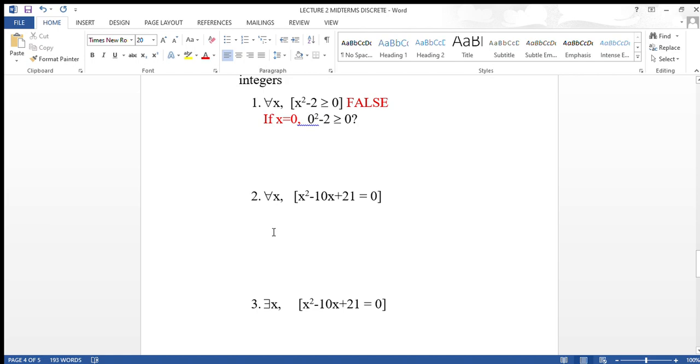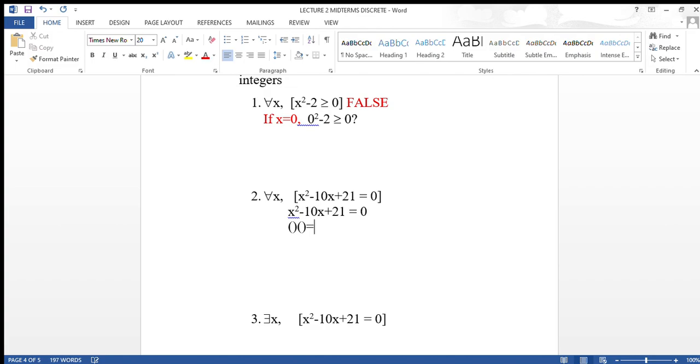For all x, again, for all integers. This set of integers must satisfy x squared minus 10x plus 21 is equal to 0. Okay, so from algebra, given now our quadratic equation, x squared minus 10x plus 21 is equal to 0. So if we solve this, recalling our algebra, what's the easiest way to solve this?